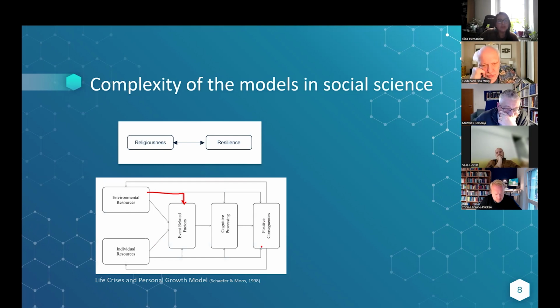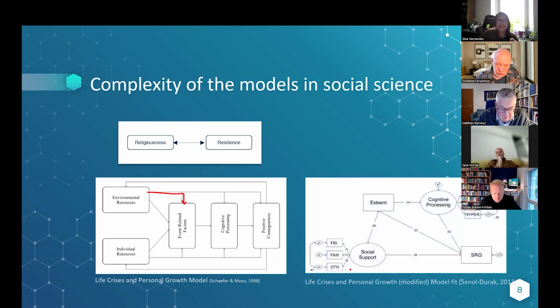And this model was the one that the paper you reviewed for this class was testing. They were testing this model, but they were making a modification to it. They didn't use all the variables, and they made some changes regarding the directions.